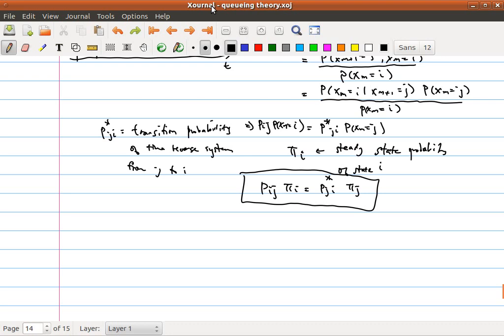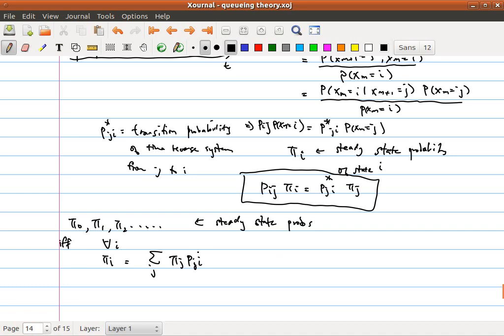Okay, recall that pi 0, pi 1, pi 2, and so on are the steady state probabilities if and only if they satisfy the condition that for any i, pi i is equal to the sum over j of pi j times Pji.